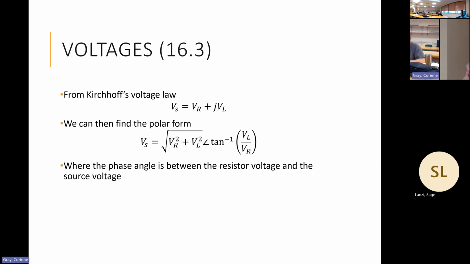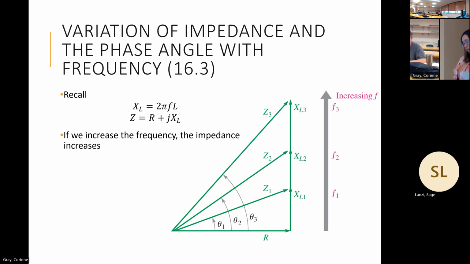Any questions so far? With the increasing frequency of our source, we saw for the capacitor that the reactance gets smaller, so the impedance gets smaller.